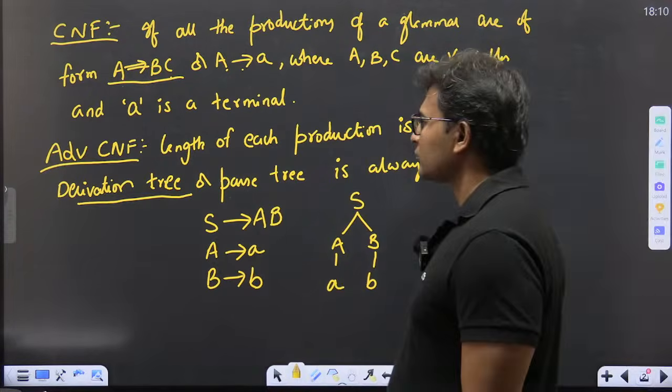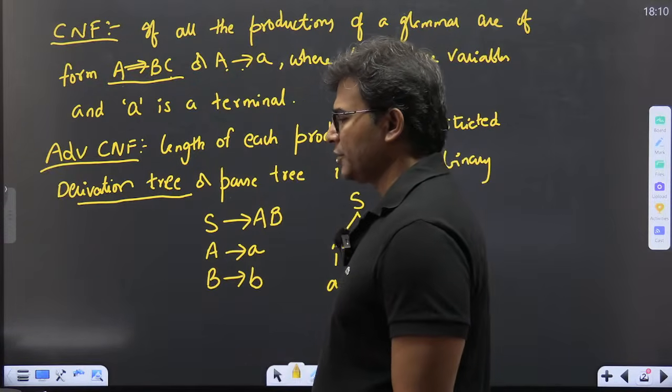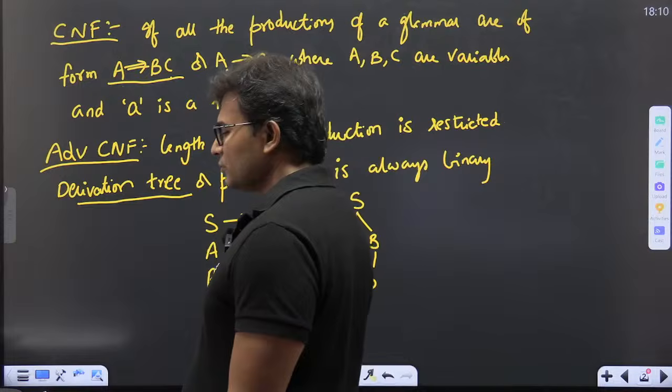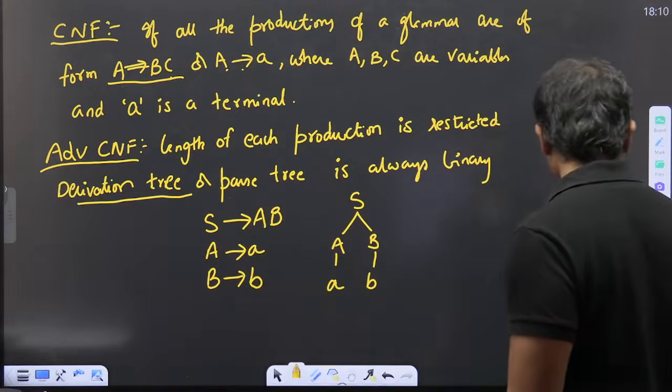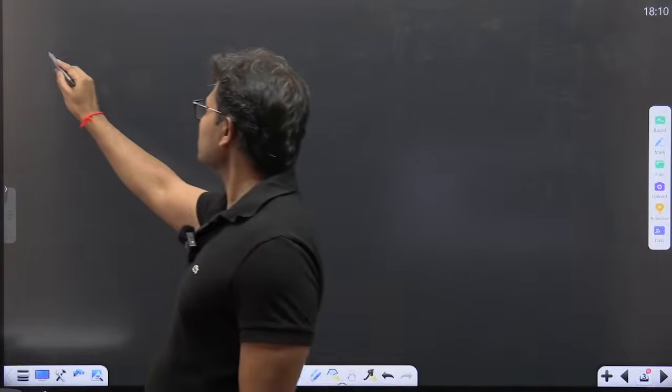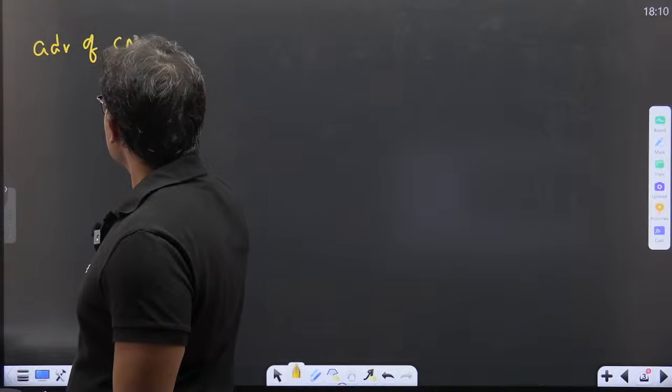Okay. Derivation tree or parse tree is always binary. And another advantage, I'm continuing the advantages of CNF.